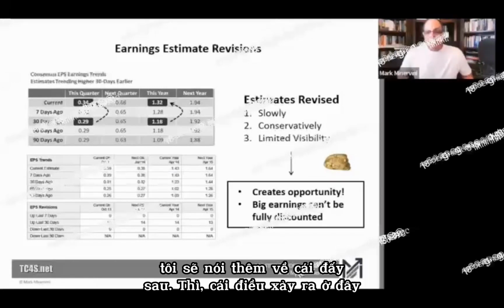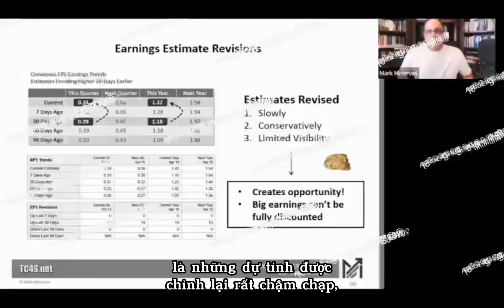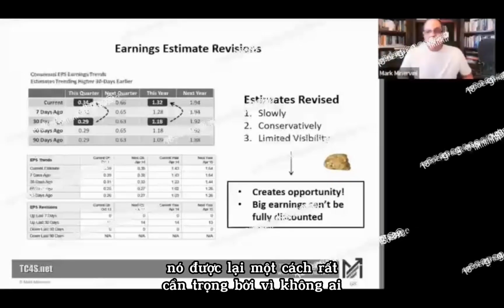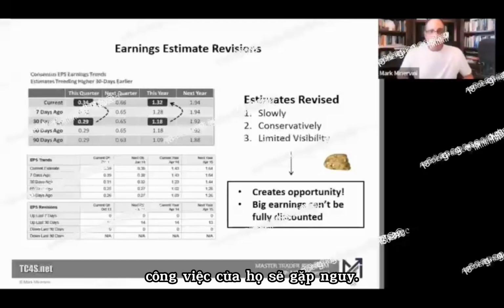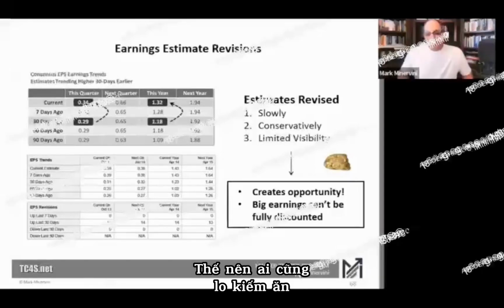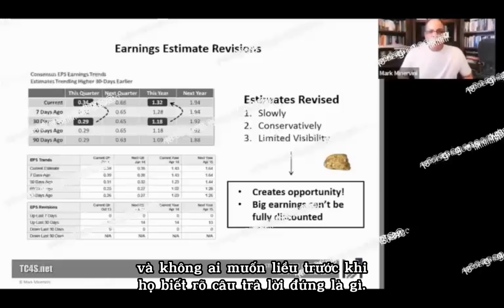What happens is that the estimates are actually revised very slowly, and they're revised conservatively because nobody wants to be the rogue that comes out and makes some outlandish prediction and be wrong, because their job is on the line with that type of analysis. So everybody sort of gathers around the mean, and nobody wants to make a real big move until it's obvious.